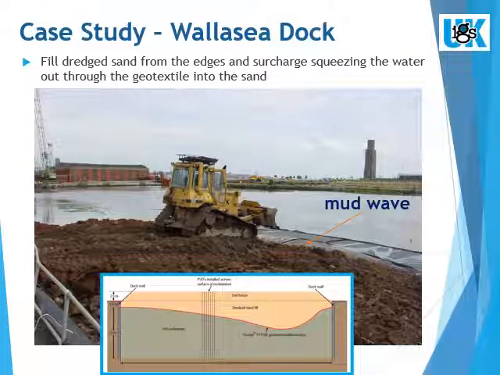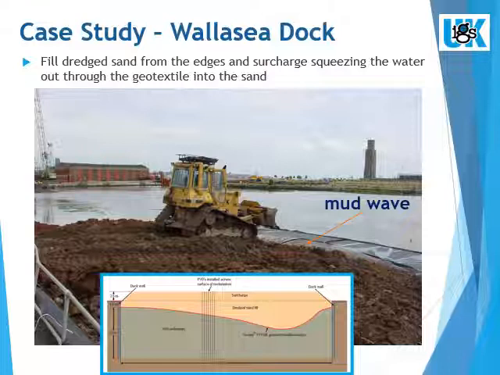Then the dredged sand fill material, which has a much higher permeability than the silt, is dozed onto the surface. This surcharges the saturated silt, and the water passes through the filter and overflows the dock and is safely collected and treated.